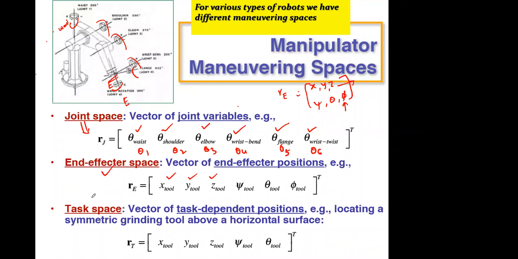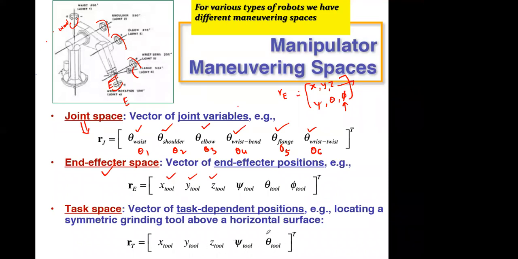Now another important space is the maneuvering space. The maneuvering space is the space in which the robot can perform its task very effectively. That will be called the robot task space. It is the vector of the task dependent positions, for example locating a symmetric grinding tool above a horizontal surface.